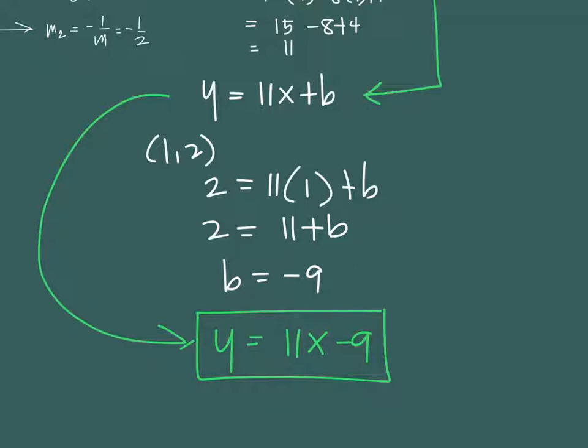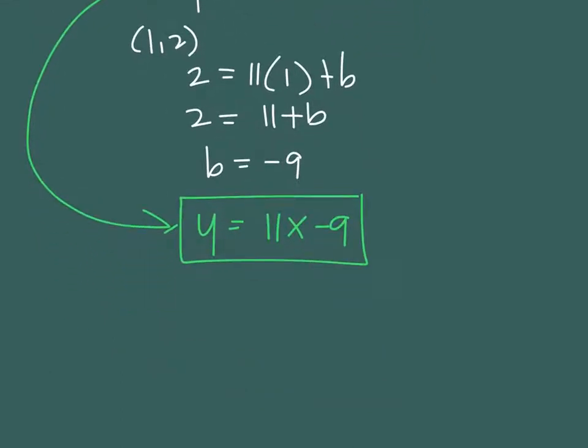In a multiple choice exam, maybe in the choices you will not see y equals 11x minus 9. So meaning to say, you should know how to change it in a different form. Give me an alternative form of y equals 11x minus 9. How else can I write y equals 11x minus 9? Negative 11x plus y is equal to negative 9.